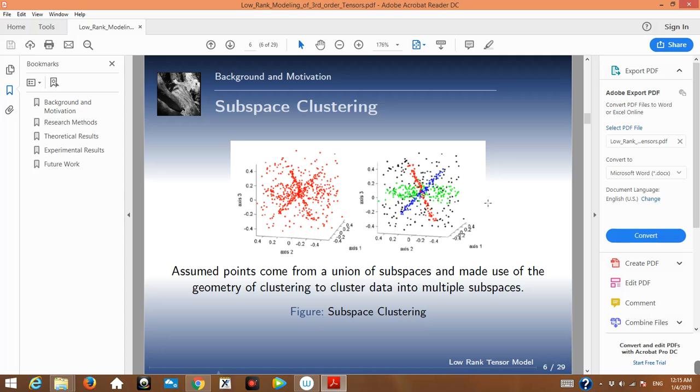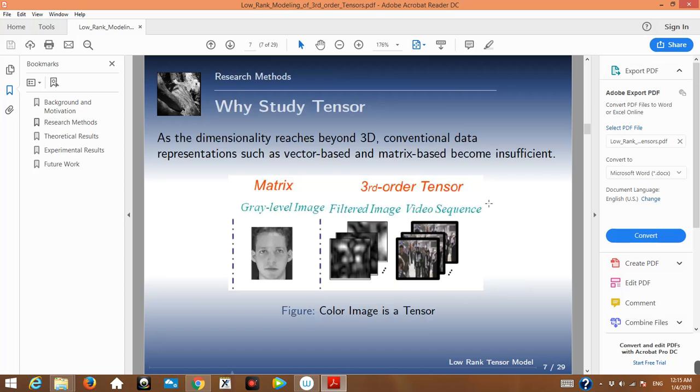Now we introduce what a tensor is. Firstly, we look at this image. This is a gray level image, and it can be stored as a matrix in MATLAB. However, if we have a video sequence like this, of course we can store this video sequence in a matrix.